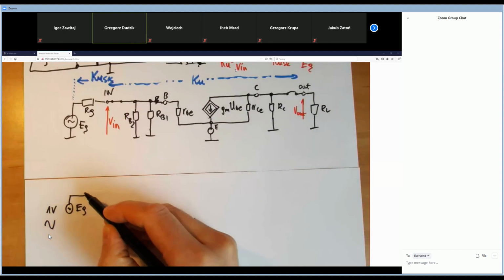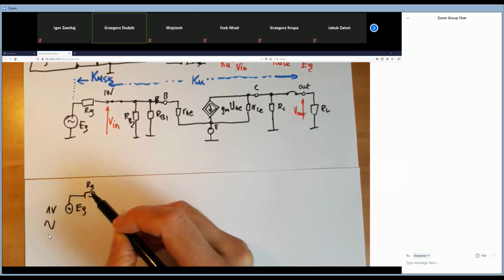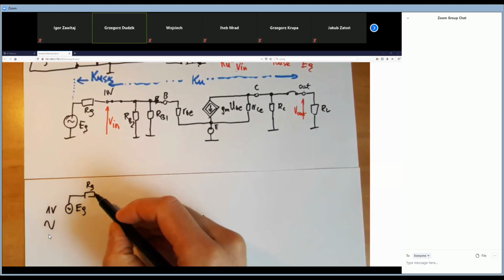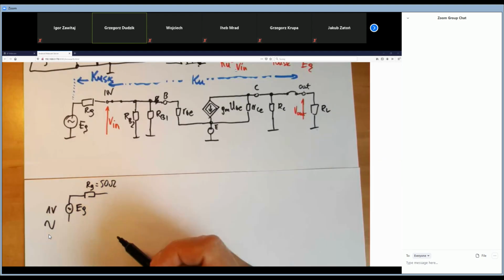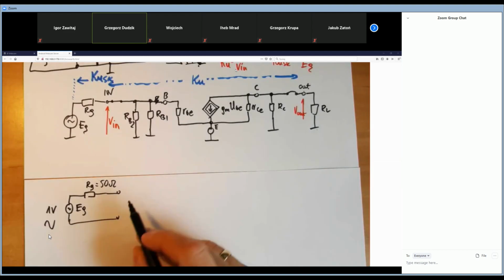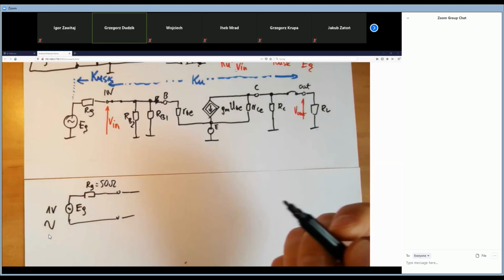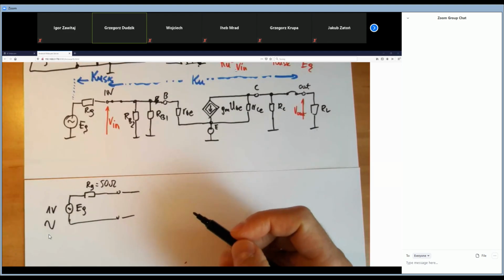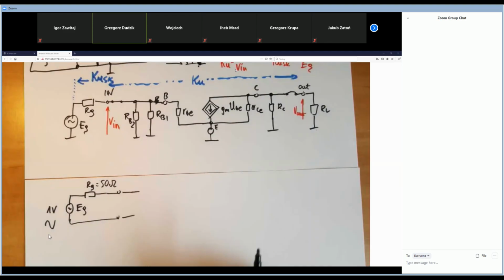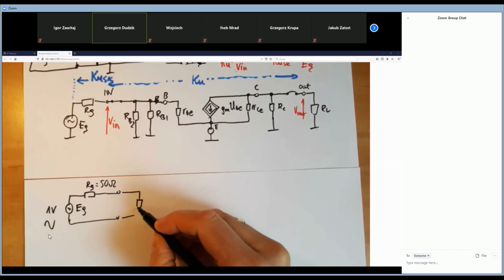However, the output resistance of our generator is 50 ohms, and this is our output terminal, and here I plug in, for example, a scope or something like that, which has some resistance here.